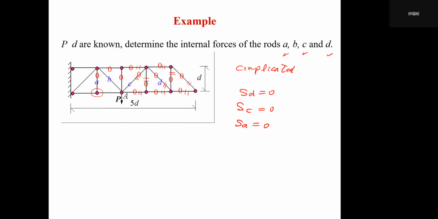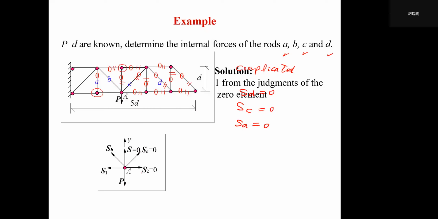And here, because this is also a single knot with two members, so 0, 0. Right? So only have what? Only have this. You can find 0, 0, 0, 0, actually only have this, right? This one not 0, this one 0, this one 0, this one 0.